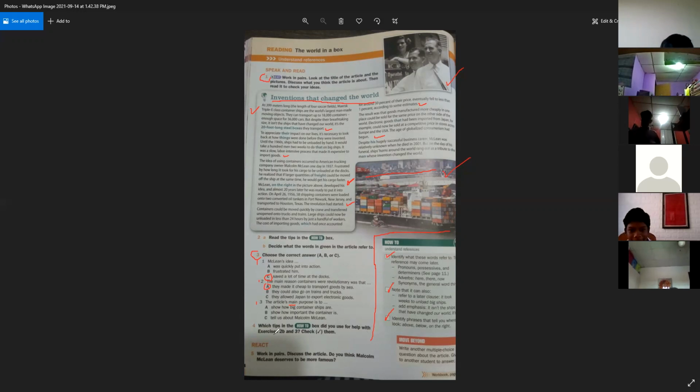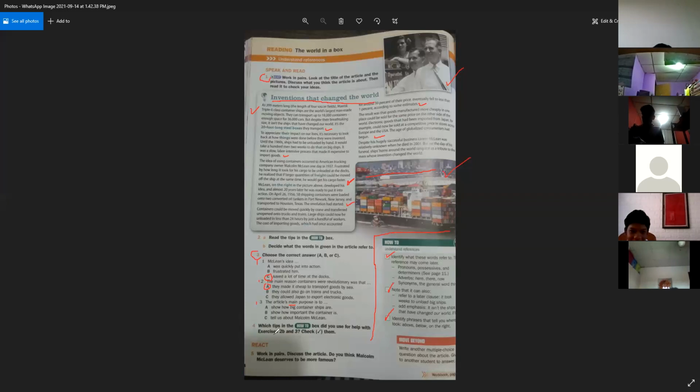The article's main purpose is to show how big container ships are, show how important the container is, or tell us about Malcolm McLean. ¿Cuál ustedes creen que es el propósito principal del artículo? Principal. Recuerden, como les dije anteriormente, puede que las 3 sean propósitos, pero ¿cuál ustedes creen que es la principal?